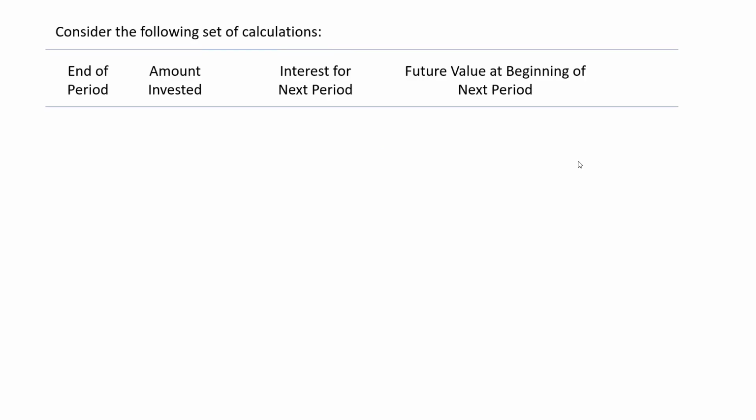These are my 4 columns. So let me start with this. End of period 0. Suppose I invest some amount P, right? End of period 0 is also almost the same as beginning of period 1. Try to understand that. End of period 0 is the same as beginning of period 1.